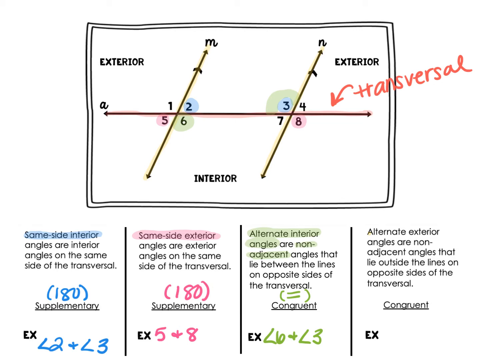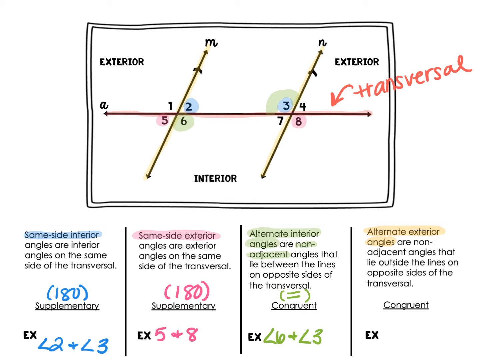Now we're going to look at alternate exterior angles. Again, that word alternate means opposite, and exterior means outside. So these are non-adjacent angles, meaning they're not right next to each other, that lie outside the parallel lines and on opposite sides of the transversal. So we've got angles 1, 4, 5, and 8 that are outside the parallel lines.